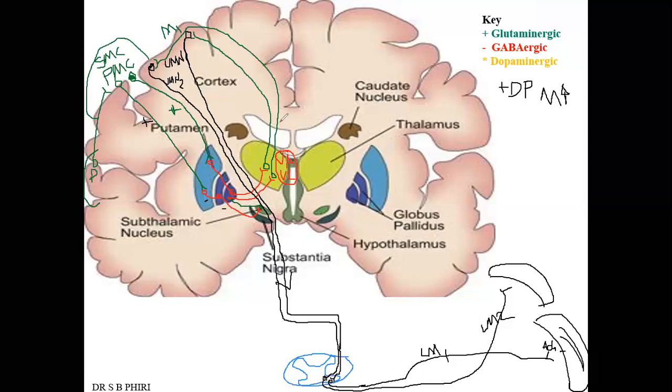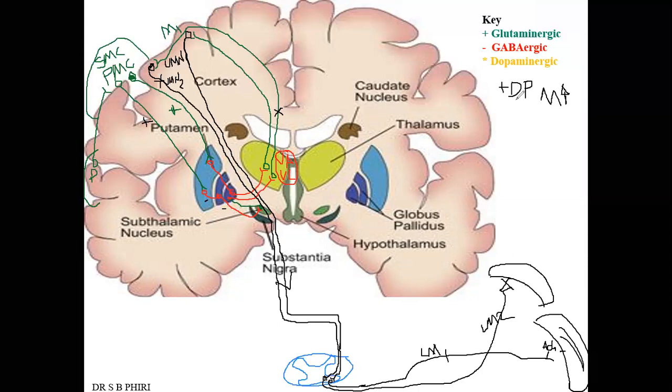So this neuron is going to be inhibited. So once this neuron is inhibited, it means that the upper motor neuron 2 here won't be stimulated. If it's not stimulated, it's not going to stimulate the lower motor neuron at this level. Then the muscle won't be stimulated here to fire an action potential to bring about muscle contraction. So you find that the indirect pathway is going to inhibit movement or minimize movement.